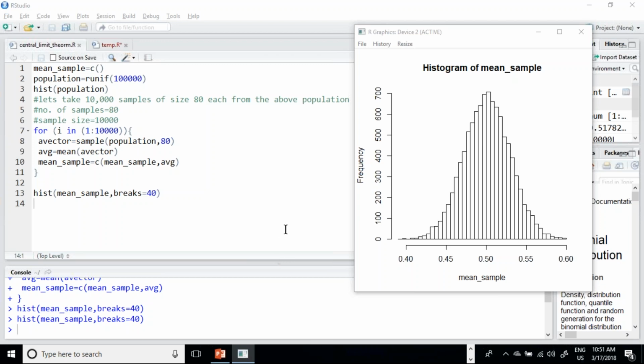Mean underscore sample, not clear to me. The first one, that is just creating an empty vector. I'm creating an empty vector which will store my average values. So I have to create an empty vector which will store the average values of each of the samples. So see, I have just opened and closed it. That means it is an empty vector. So every time one sample is selected, the mean of that sample will be put in that vector.